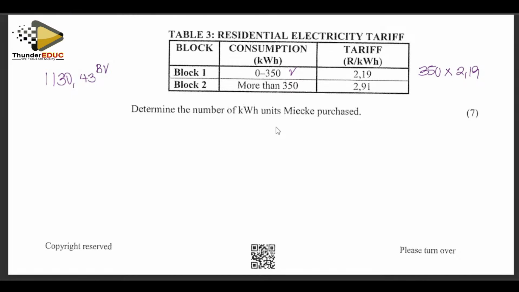Let's start with block 1. If I only use block 1, we need to find out how much he could pay. Block 1: 350 times 219.